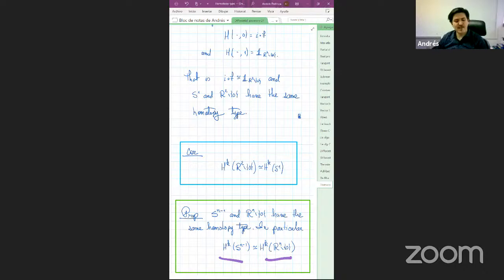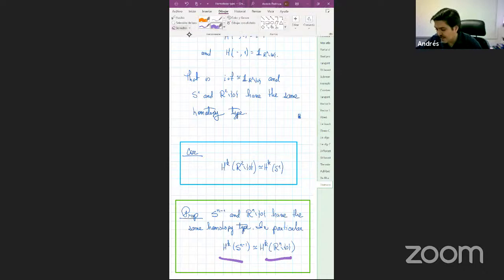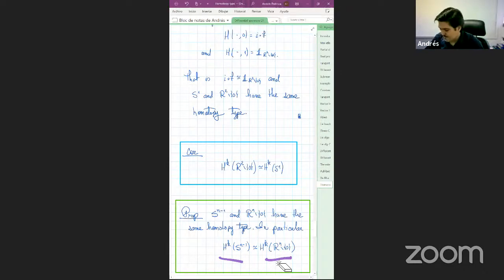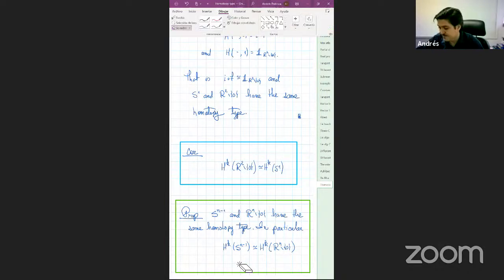And that will give you the homotopy that you require between the two spaces. In particular, we will have that they have the same cohomology. Okay?